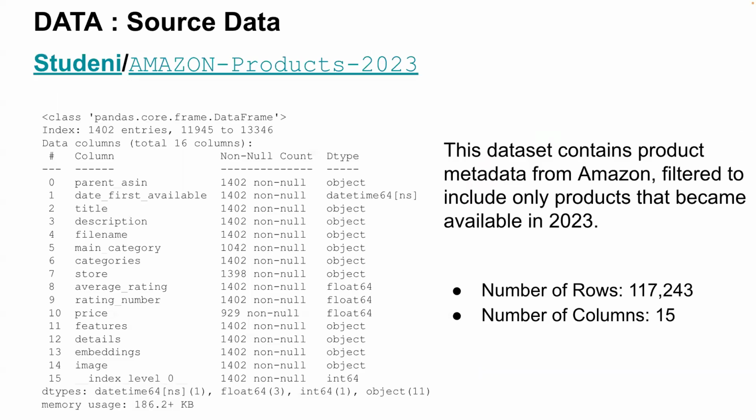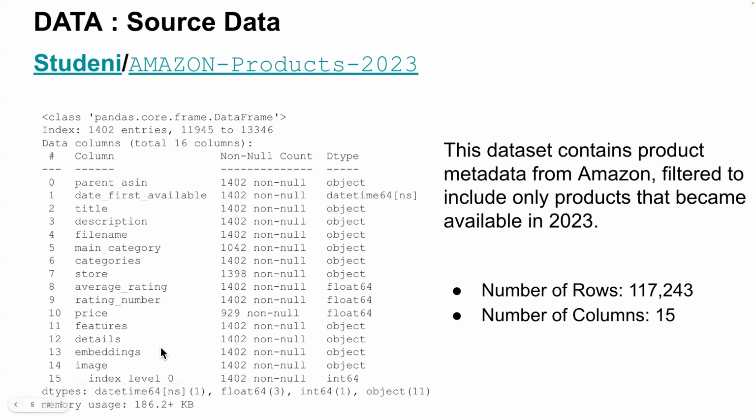Okay, so our data is from Hugging Face. This is the 2023 Amazon product information. We didn't do any web scraping or web crawling to retrieve the data; we just directly downloaded it. The data has 15 columns, and each column represents some information about each product.